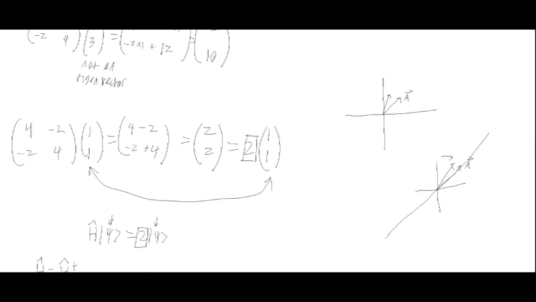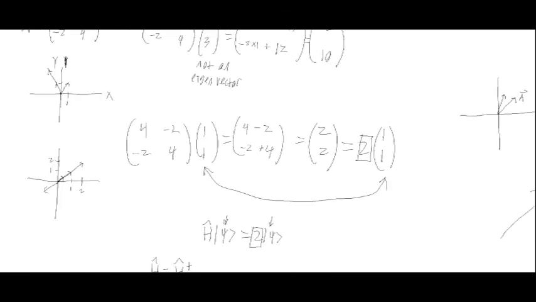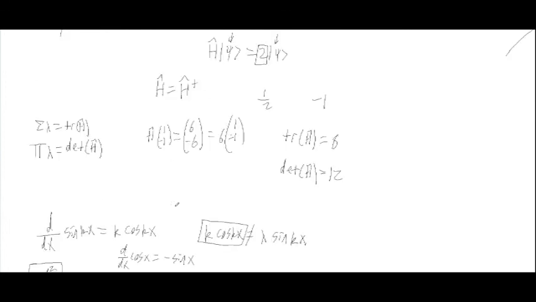And so you can have vectors that are eigenvectors and vectors that are not eigenvectors of that same operator.